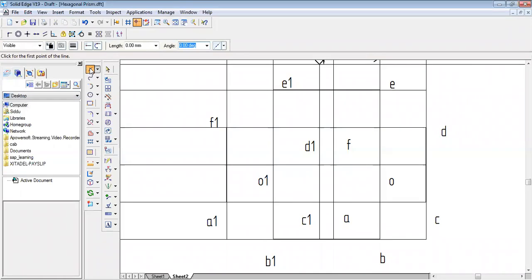So now what you do is connect this point E to D. Okay, so all outermost boundary points have been connected.